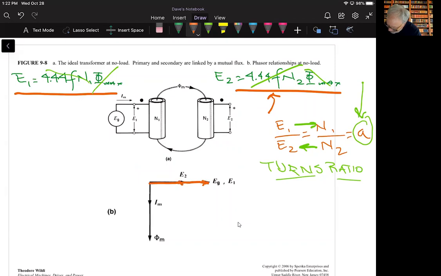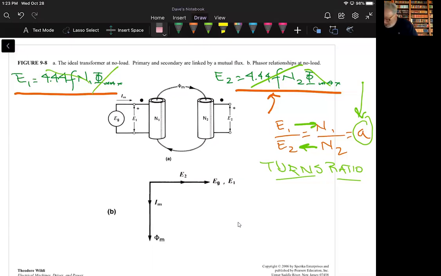When we look at a phasor diagram, they're at the same phasor angle across there. So the secondary voltage E2, source voltage EG, and primary voltage E1 are all in phase with each other.